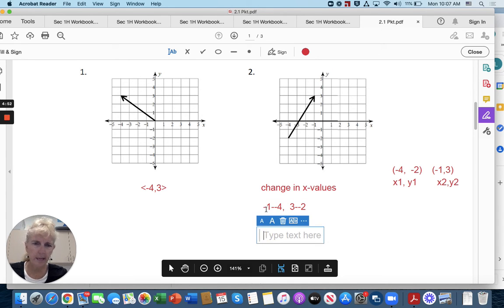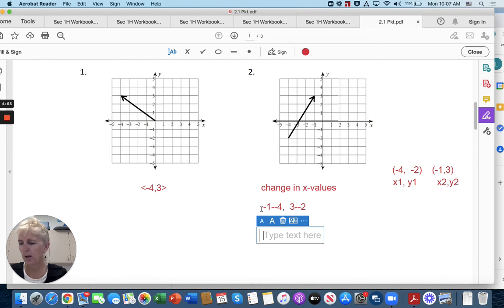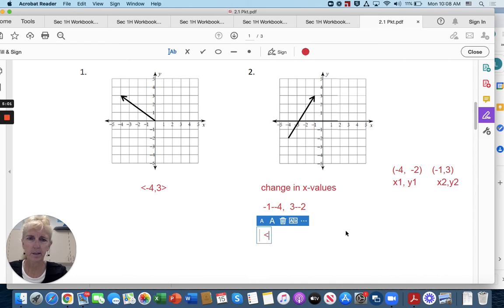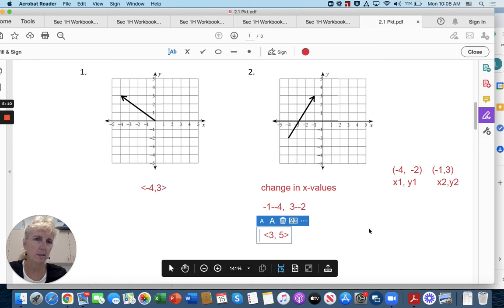Okay, so when we get -1 minus -4, that becomes plus 4. So that will be 4, 3, and then 3 minus negative 2 would be 5. And that's how you do this part.